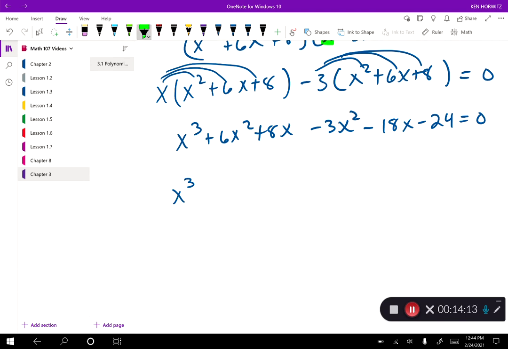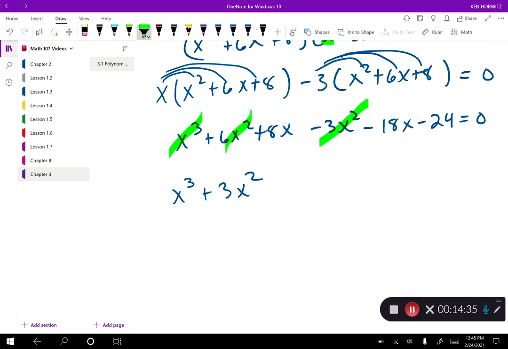So now what I'm going to do, I'm going to use my highlighter so I can still see it, but I am going to cross it out. All right, so I have 6x squared minus 3x squared is positive 3x squared. And again, I'm going to cross these out, because as I cross them out, if I have anything left, I know I might have missed something.